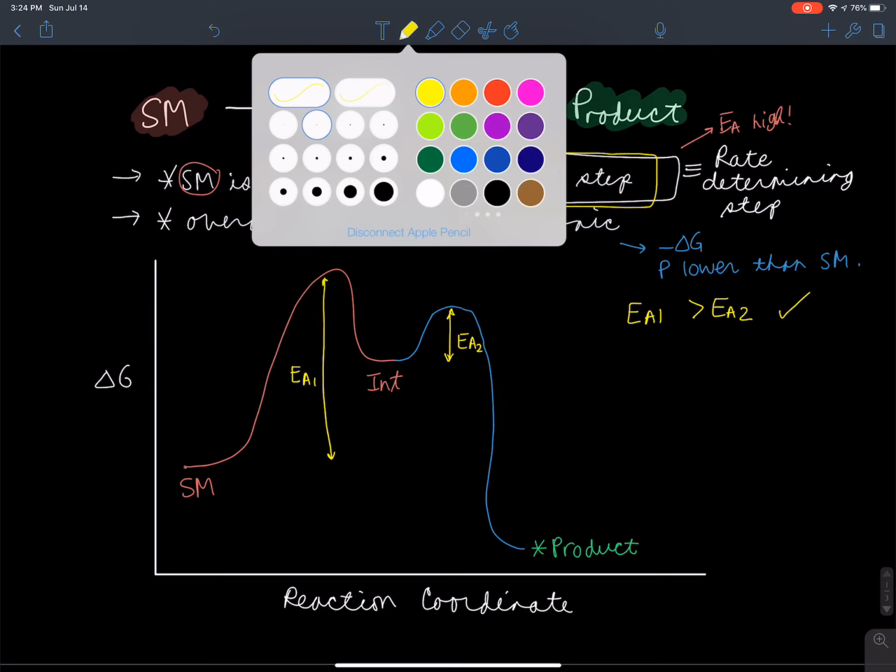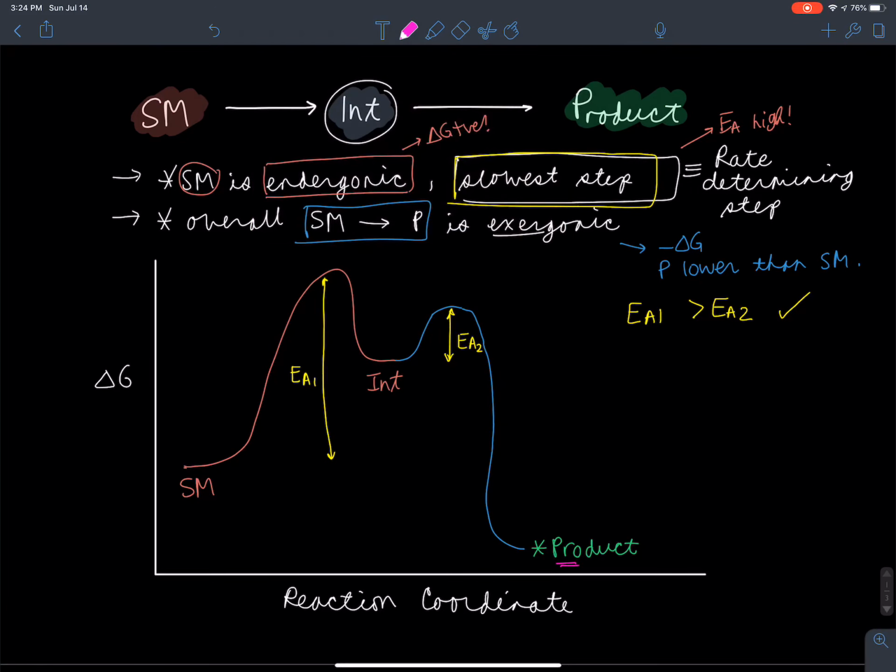Now, check if your products are lower than your starting materials, right? Because when products are lower than starting materials, it means that delta G overall is going to be negative. Formation of products is favored. And is that the case? Yes, you also got that right.